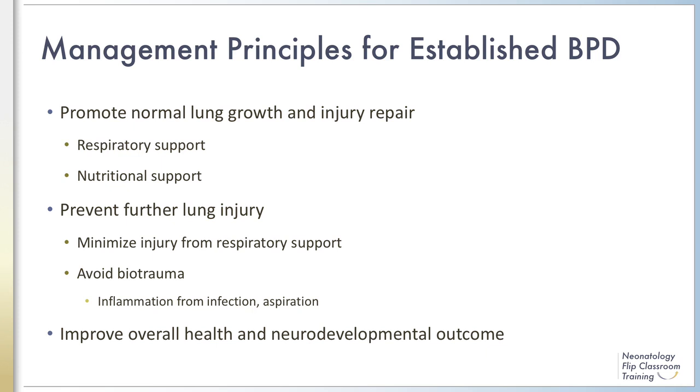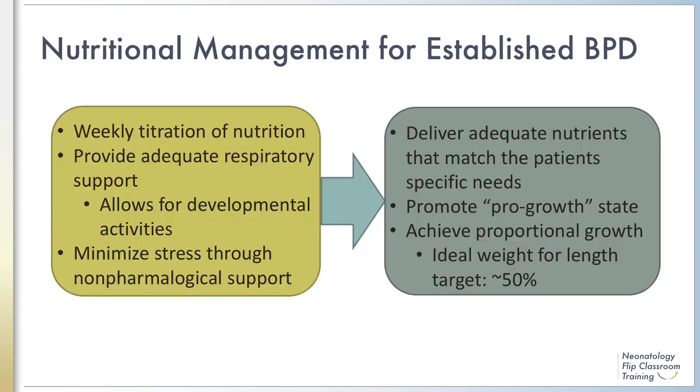Several aspects, including optimal nutritional management, appropriate respiratory support, pulmonary hypertension treatment, and proper use of medications, are very important in achieving these goals. We will discuss these further in the next few slides.